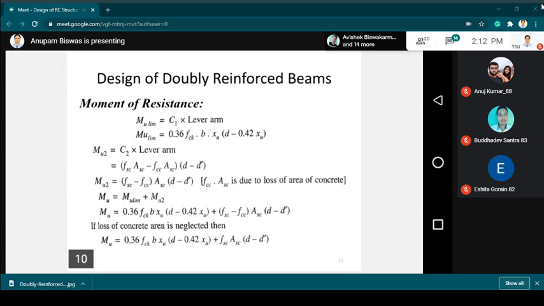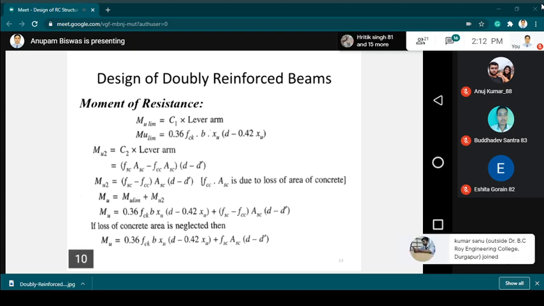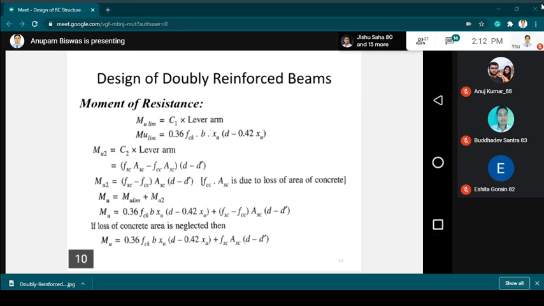Okay, I hope no problem for understanding this equation, how it is derived, how it is formed. You just read for your balanced section, meaning for Mu limit and Mu2.